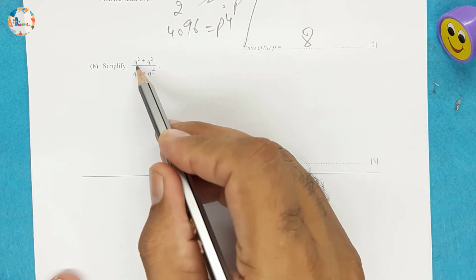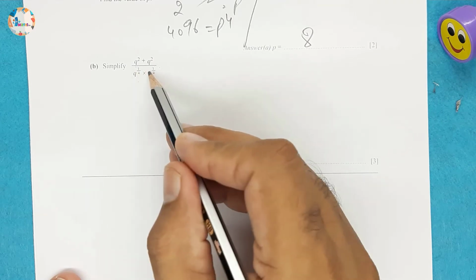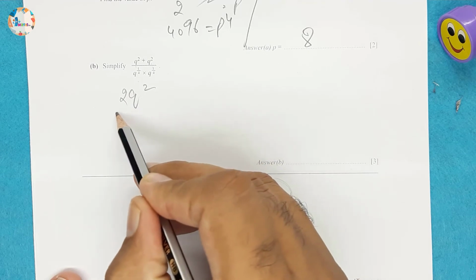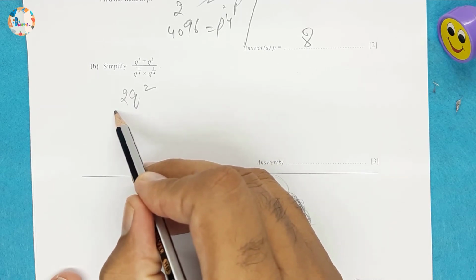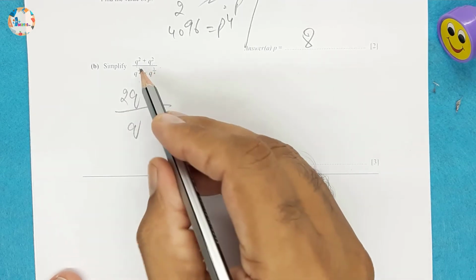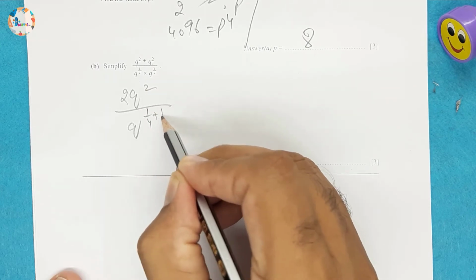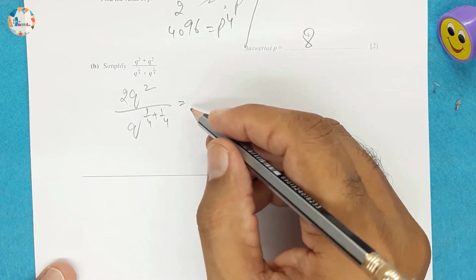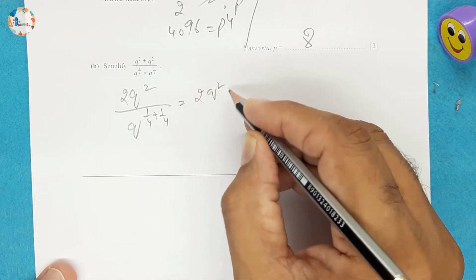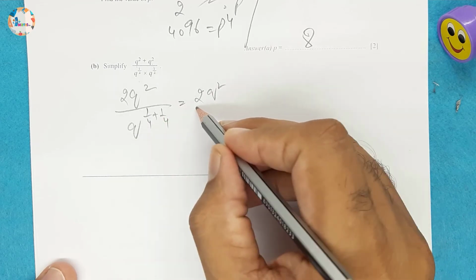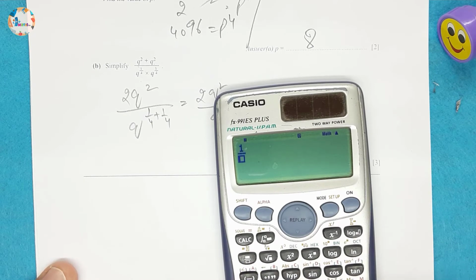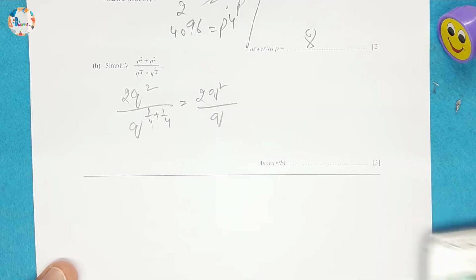Hopefully you understood this. Then q square plus q square plus q square over this. So we can write this one as 2q square over q raised to the power 1 by 4 plus 1 by 4, because they are being multiplied, so powers will be added. 1 by 4 plus 1 over 4 will be equal to 1 by 2.